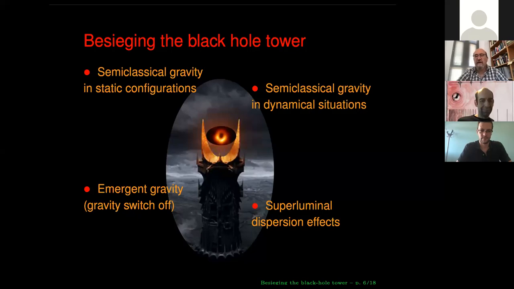So this is another thing that can come into play. And then there are also some issues about effects based on theories with superluminal dispersion, which in some situations also point out that objects with static, regular horizons might be unstable or rapidly unstable.